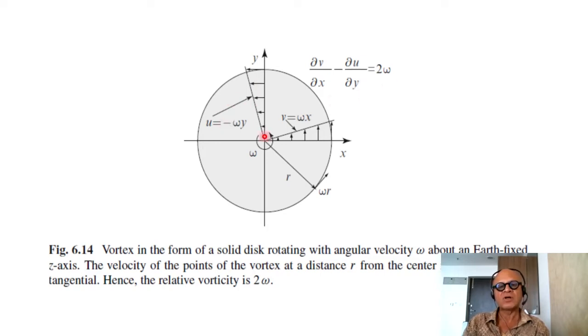So our vorticity, dv/dx minus du/dy, becomes 2 omega. So du/dy is minus omega, dv/dx is omega, so you have minus minus, so we have 2 omega. So relative vorticity here becomes 2 omega.